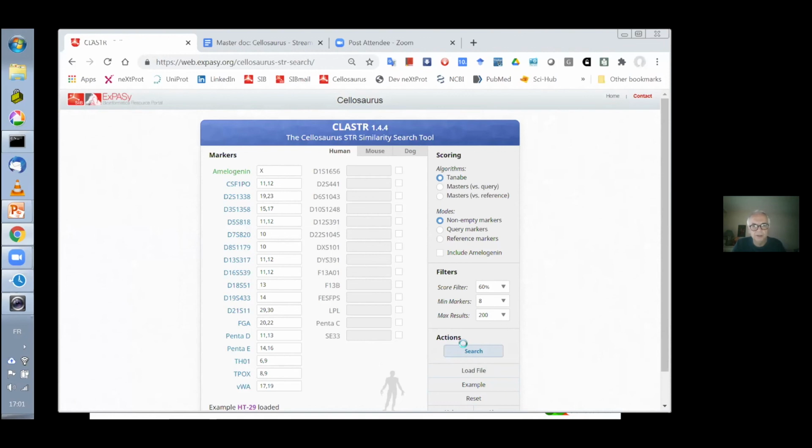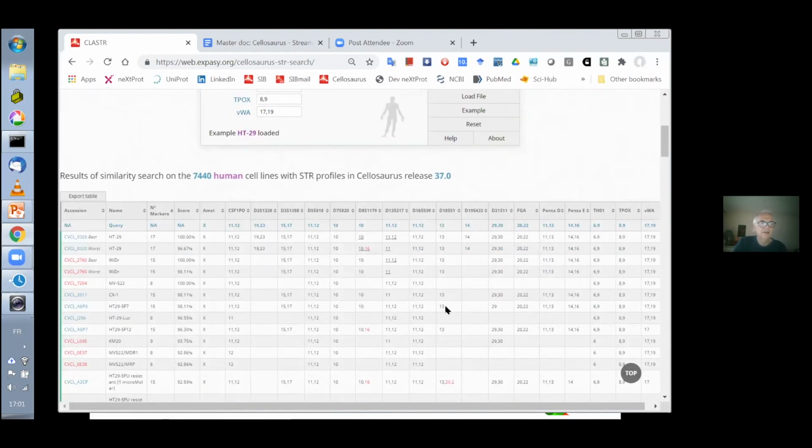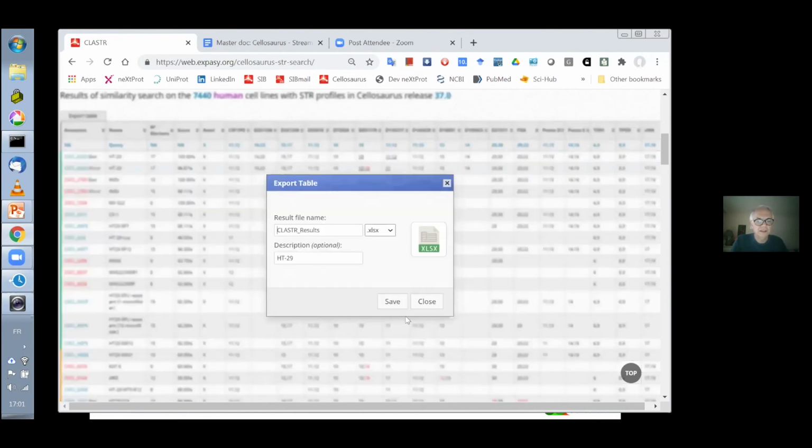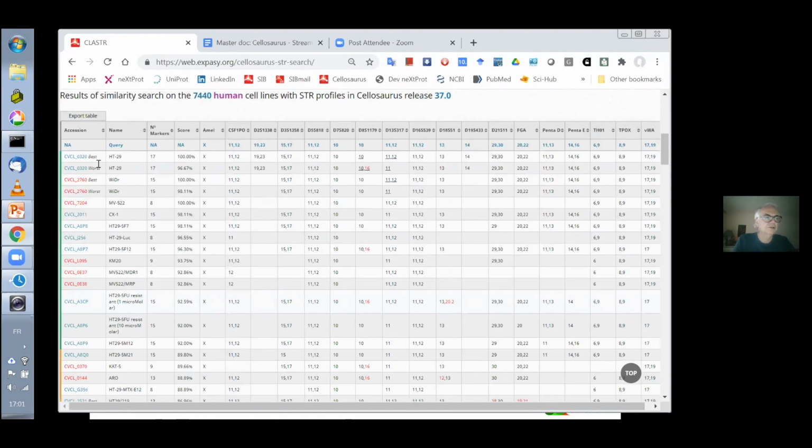You search; by default it uses one algorithm and some threshold, I can't find the word. And you have the list of results which you can export as a CSV file or as an Excel file. You have also a JSON file, I forgot that you could do JSON.